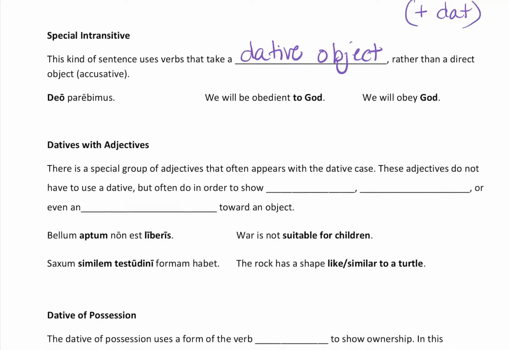So Deo parebimus, we will be obedient to God. There it is with the to or the for, the normal dative that we're used to. But you can also say we will obey God. So when you look at this verb in the dictionary, it'll give two ways to translate the verb: obedient to, or just obey. Depending on how you want to translate, you can choose either one of those.